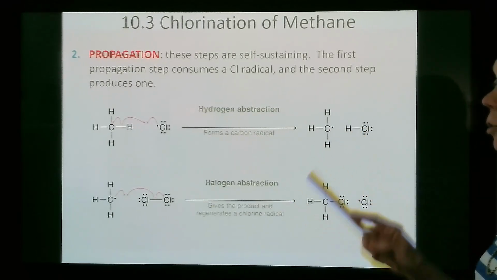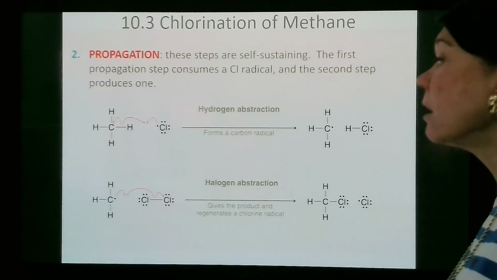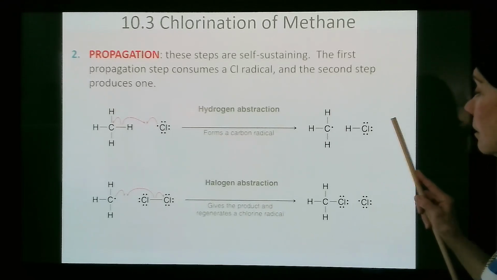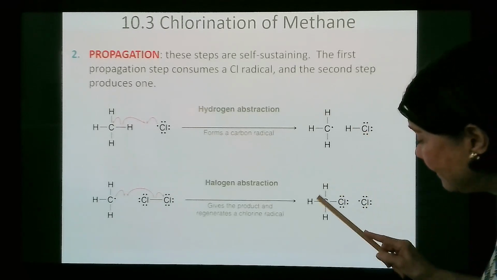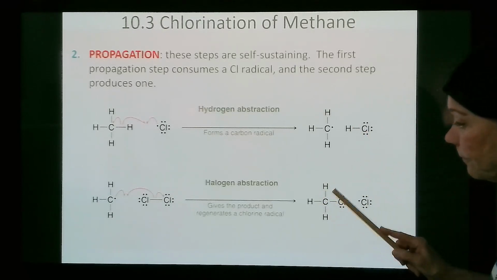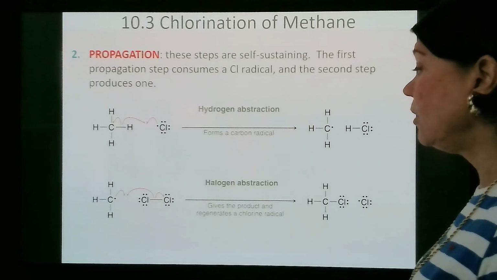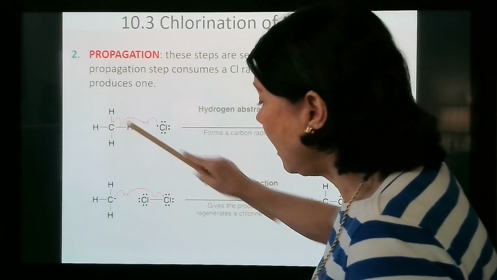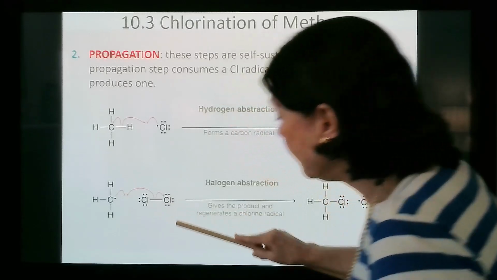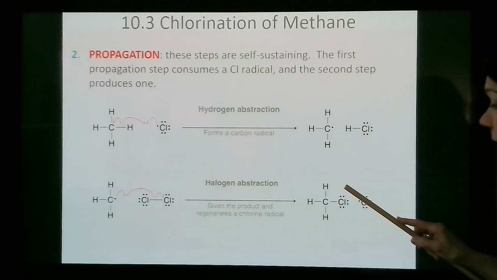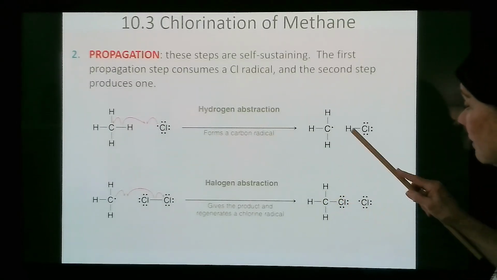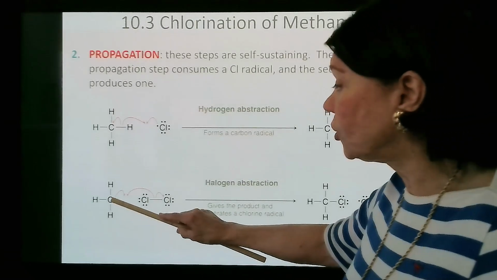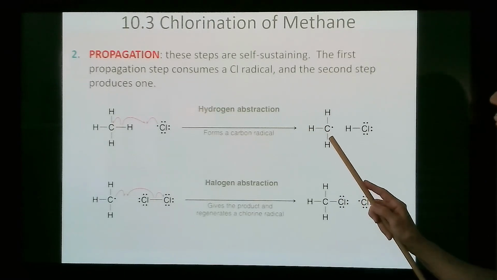Now remember, your desired products were hydrogen chloride and chloromethane. And you can see that you are converting the reactants, which were methane and chlorine, into your products, chloromethane and HCl. So the second step is, you have to repeat this.